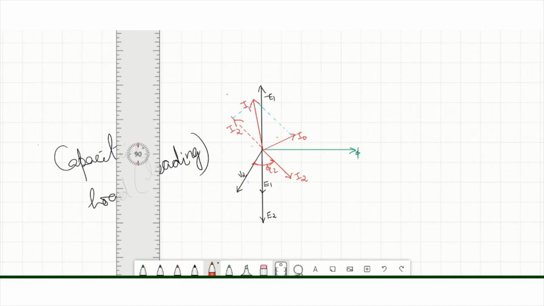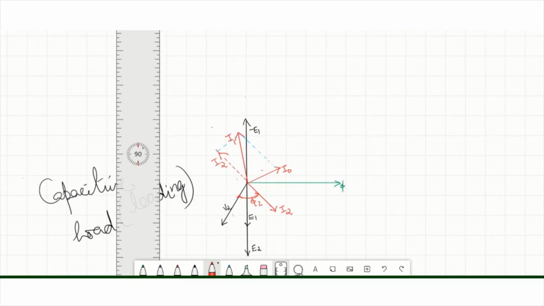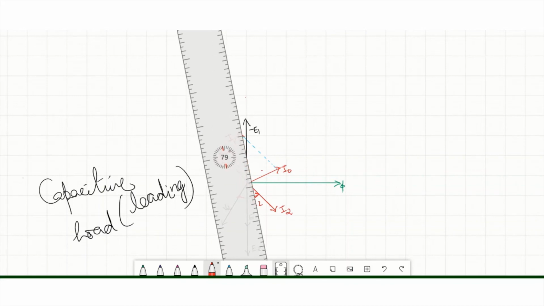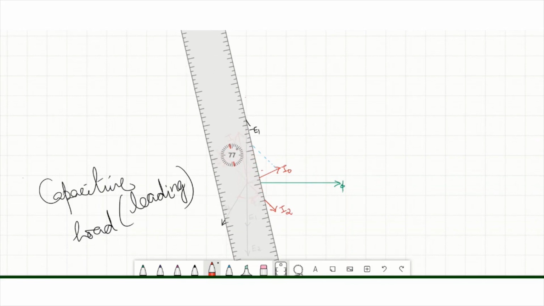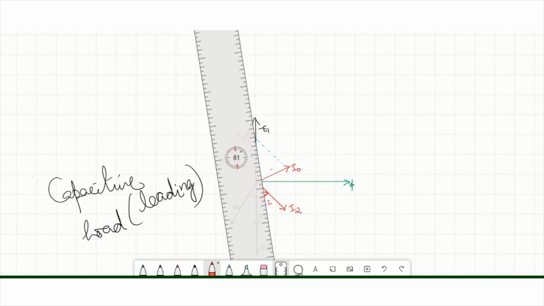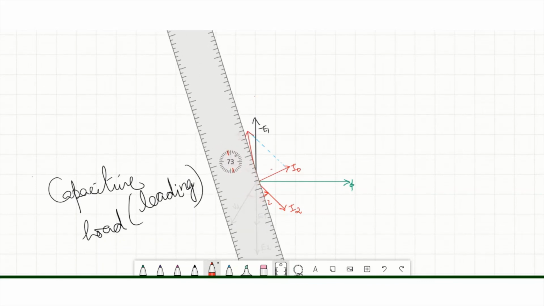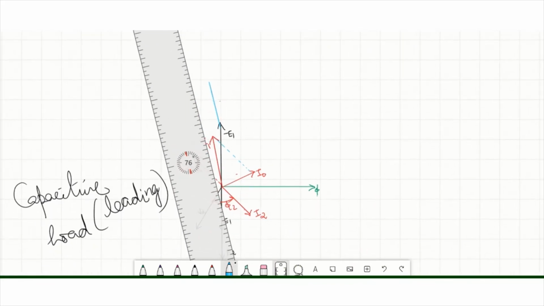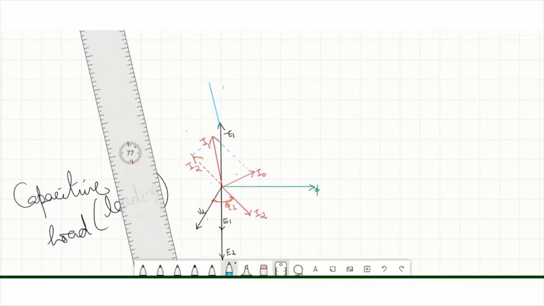Now draw I1 into R1 at the tip of minus E1. I1 into R1 will be parallel with I1. So draw I1 R1 parallel with I1. Both should be parallel.